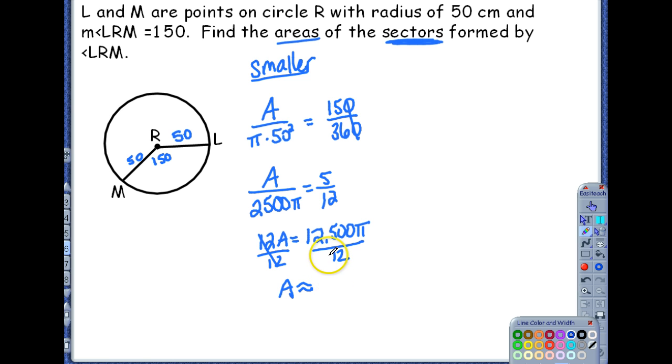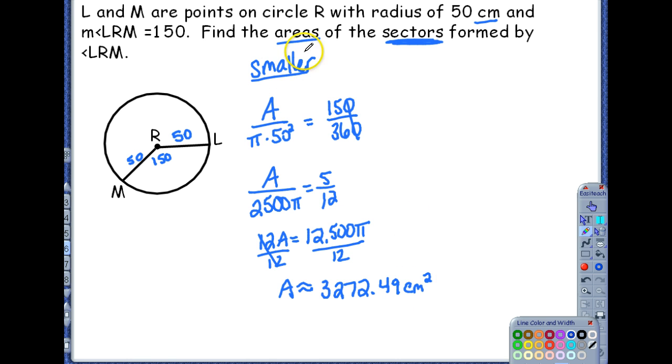So you're going to multiply 12,500 times pi, and then divide by 12, and you end up with about 3,272.49. And because this is area, and they give us a label here, this is going to be centimeters squared.